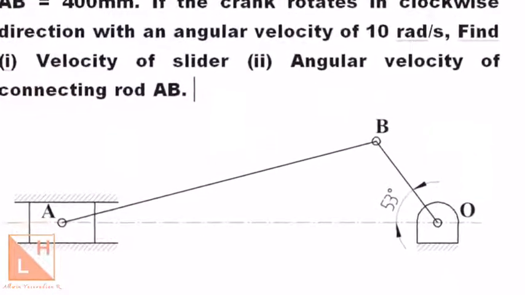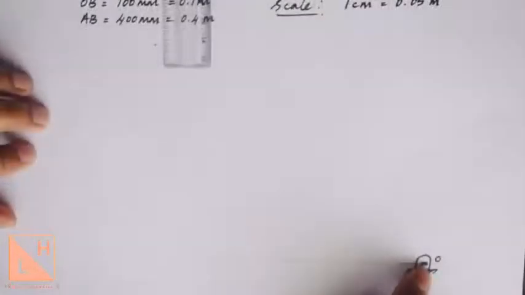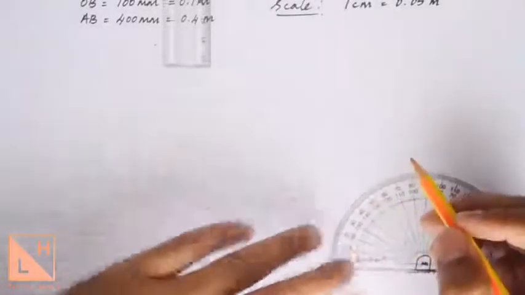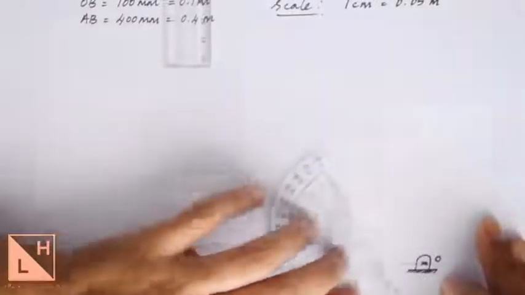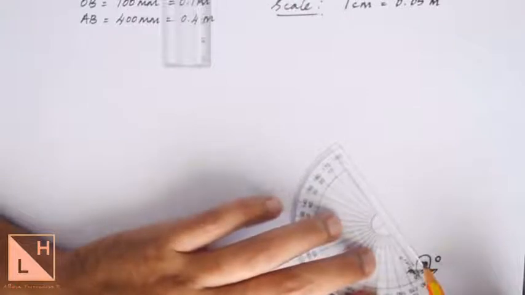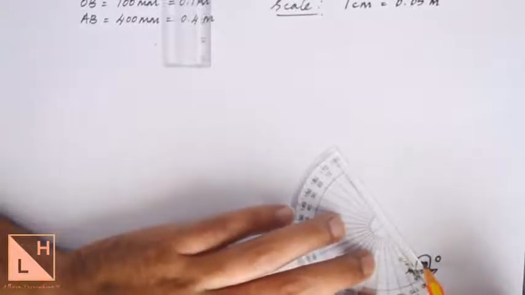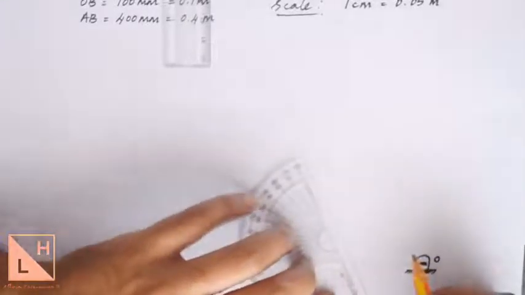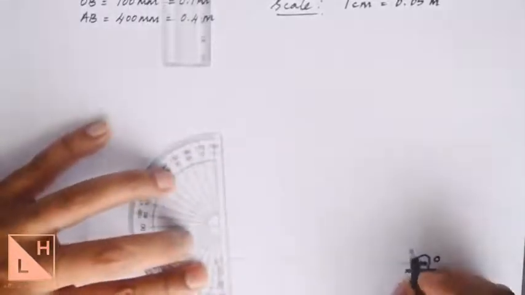Now if you have a look at the given figure, the angle from the center of the crank is given as 53 degrees. So use a protractor and mark that 53. Once you get that 53 degree point, you can draw a line through the point that you have considered as the center of the crank, which passes through the point, which gives you the angle of the crank at 53 degrees.